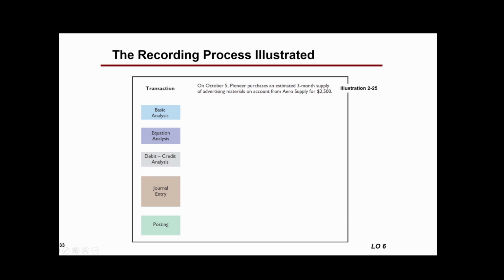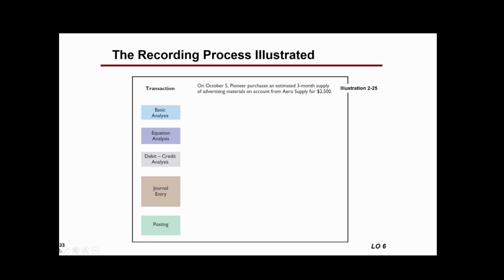On October 5th, Pioneer purchases an estimated 3-month supply of advertising material on account from Air Supply for $2,500. Did the company pay? The company did not pay. Whenever the company does not pay, what does it automatically mean? That's a liability, right? The company took a new loan, and what's the account that we use? Accounts payable. Okay?